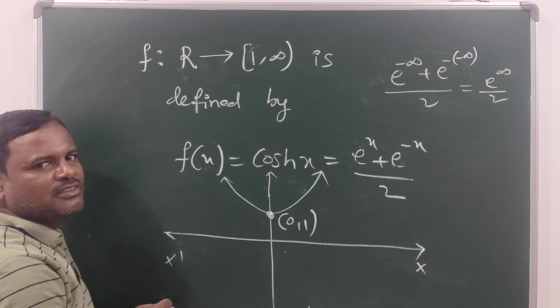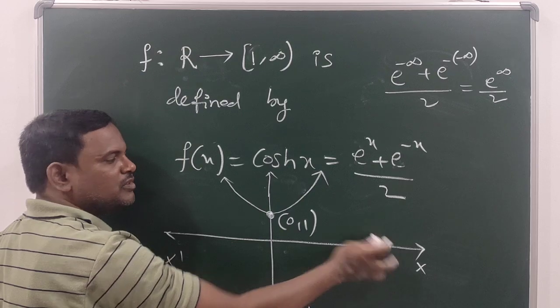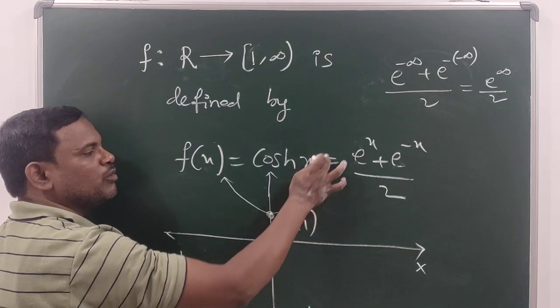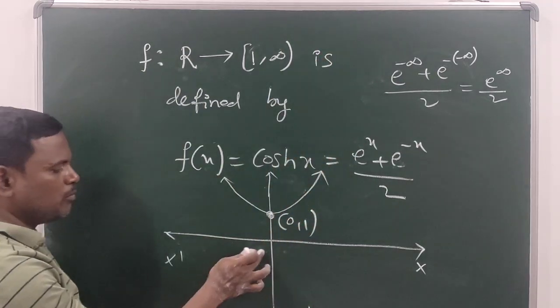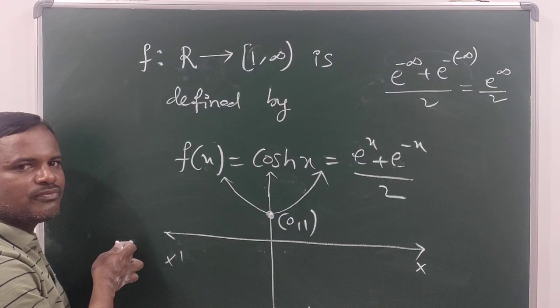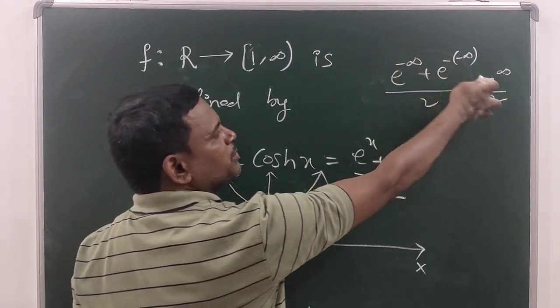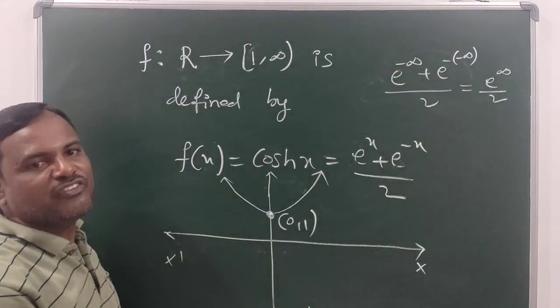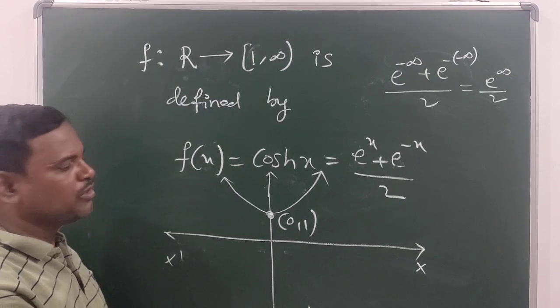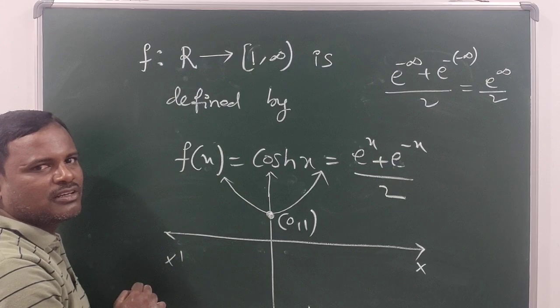Students, no confusion here. Move to the right side. Your range will be more than 1 only. It will go like this. Move to the left side, these are negative x values. If you write negative x values, this becomes 0 and this becomes positive. You know e power infinity is positive by 2. So positive only will come, but that will be more than 1.